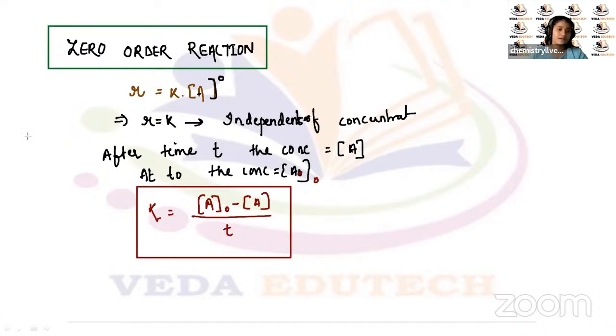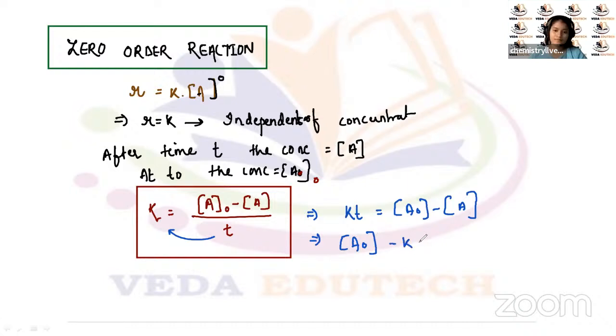Can I change it a little bit and write it this way? I'll just multiply it. So can I say that this is also in the terms of y is equal to mx plus c if I write it like this?